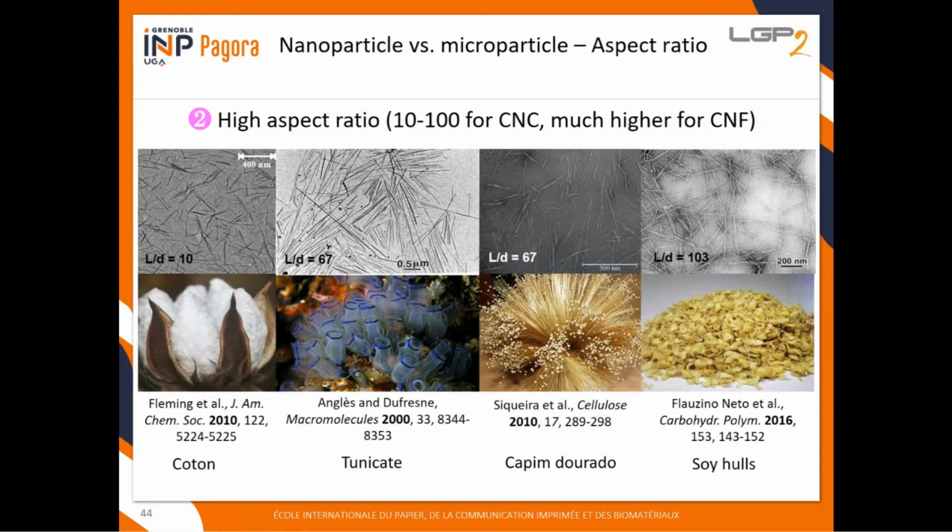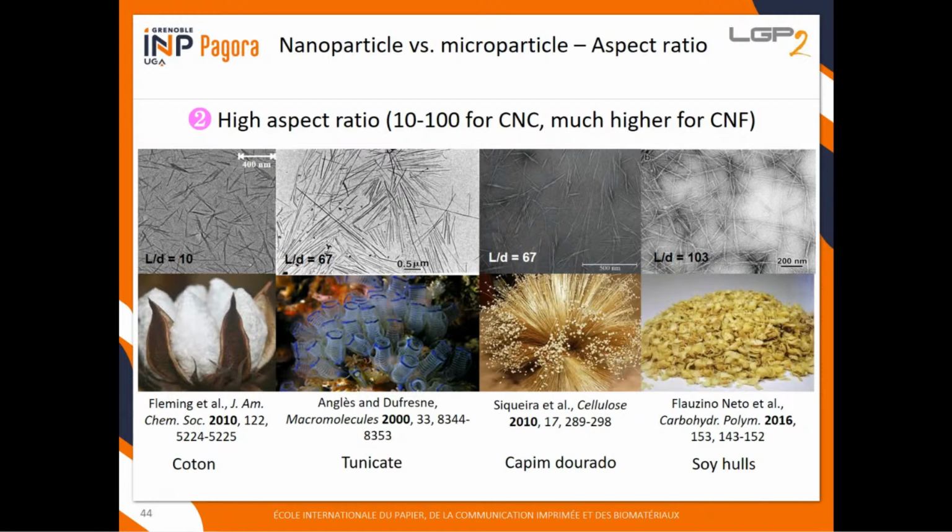Tunicate is this sea animal, and the cellulose which is extracted from this animal is called tunicin. And you can see that in this case, the aspect ratio is much higher, around 70. The same thing here for capim dorado. I don't know if you know capim dorado, so it's quite a specific source of cellulose. It comes from Tocantins, which is a region of Amazonia.